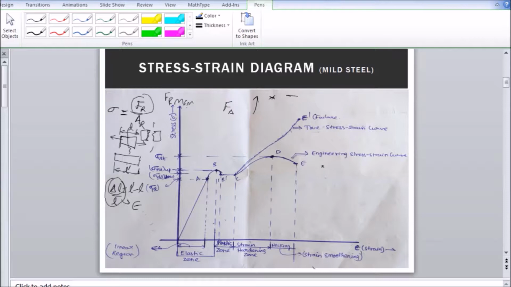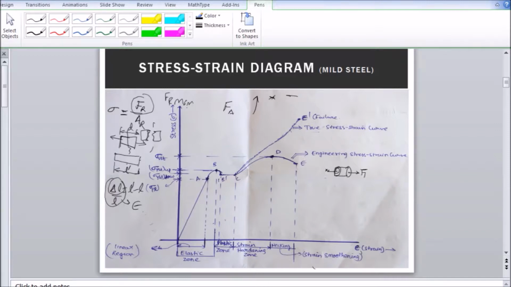Initially, we have to understand it is a result of a tensile test in which we apply a tensile load on a given mild steel specimen. Say, for example, this is the initial specimen. Now we are applying a tensile load, say F1.